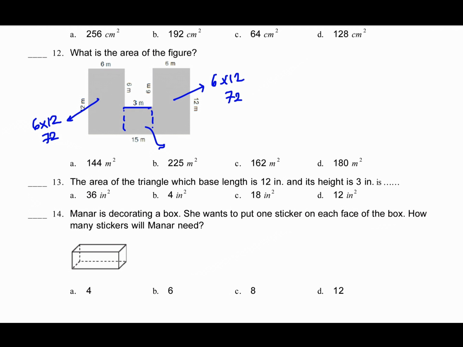We have this 3 and this part. All of this is 12 and this part 6, so the remainder is 6, so it's 3 times 6, which is 18. So now add the total area: 72 plus 72 plus 18 equals 162. So the answer would be C.